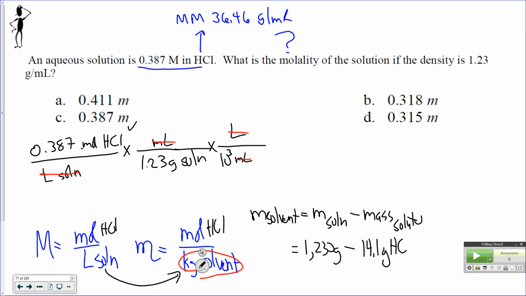So what I did was just take the mass of the HCl is equal to the moles of the HCl, whatever the concentration is, times the molar mass, which was 35.46. Now let's subtract those out.